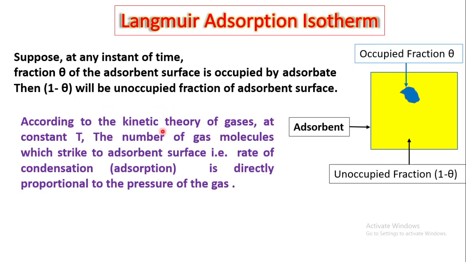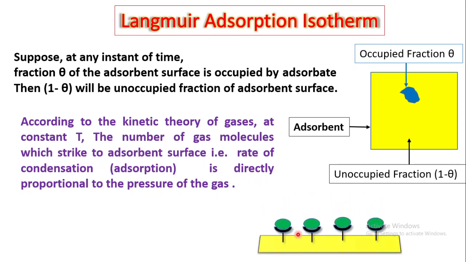Now, according to the kinetic theory of gases, at constant temperature, the number of gas molecules which strike the adsorbent surface, that is the rate of condensation or the rate of adsorption, is directly proportional to the pressure of the gas. The more the pressure, the more speed the gas molecules will have, and with more speed they will strike the adsorbent surface.